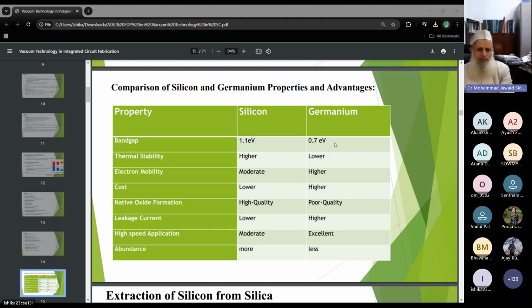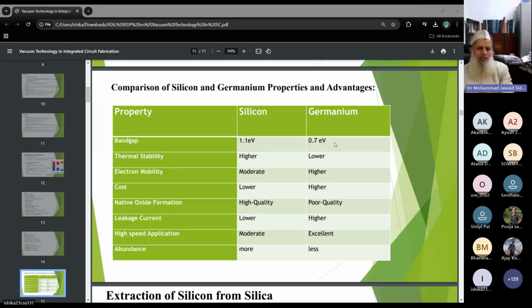Just a brief conclusion on silicon and germanium. As I told you, the early semiconductor material was germanium, but later on germanium was replaced by silicon. Why? Because germanium has an energy gap of 0.7 electron volt, so it has a small breakdown voltage. Breakdown voltage means the maximum voltage we can apply to the semiconductor.